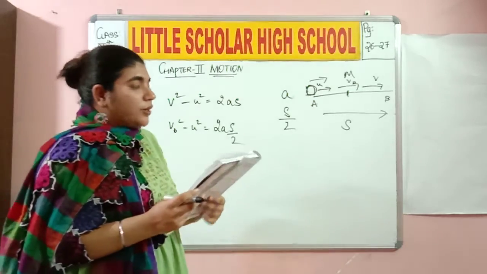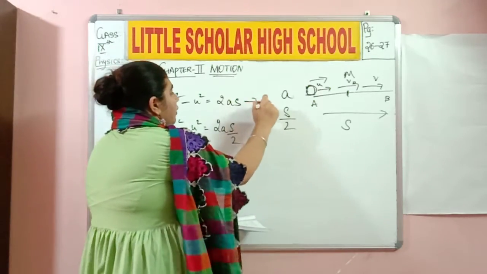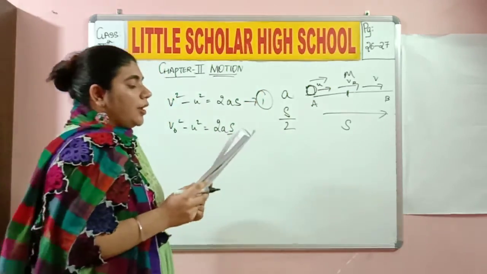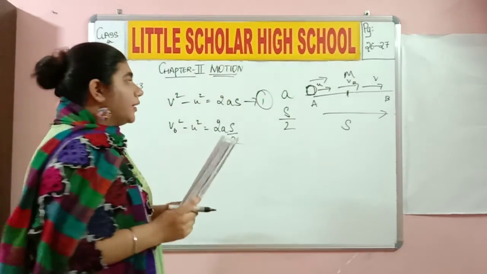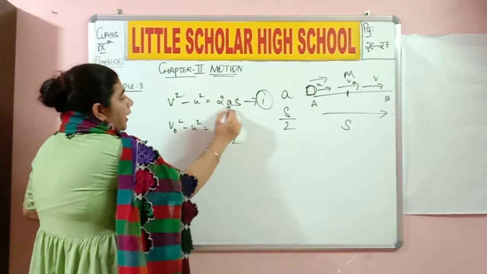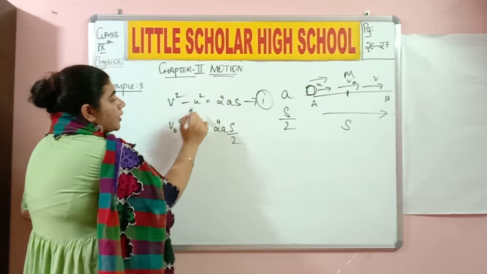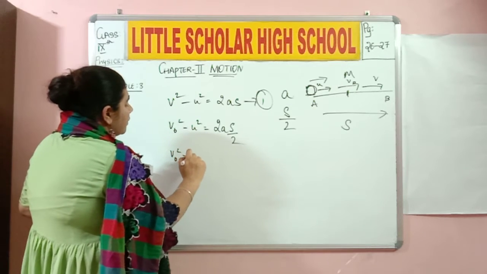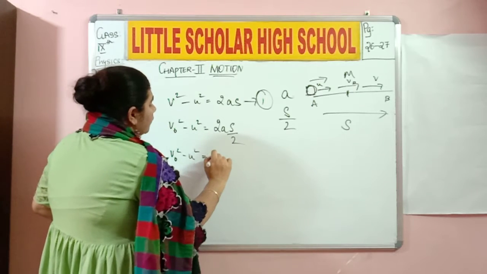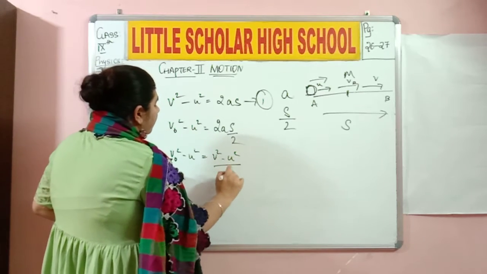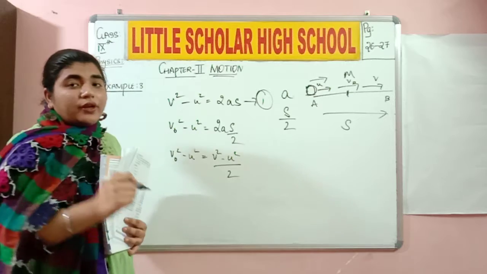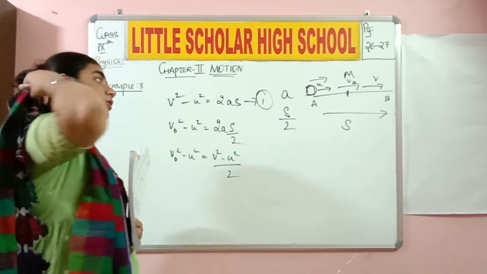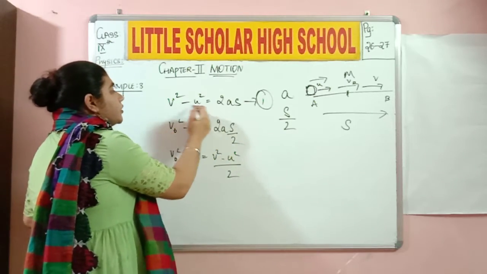This was our equation number 1. From equation 1, in place of 2as, can I write v square minus u square? Of course. So v naught square minus u square is equal to v square minus u square by 2. I have just replaced 2as with v square minus u square.